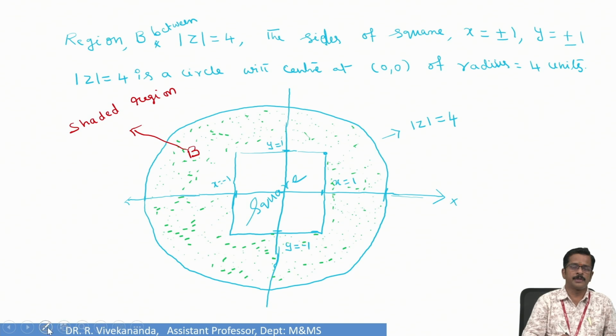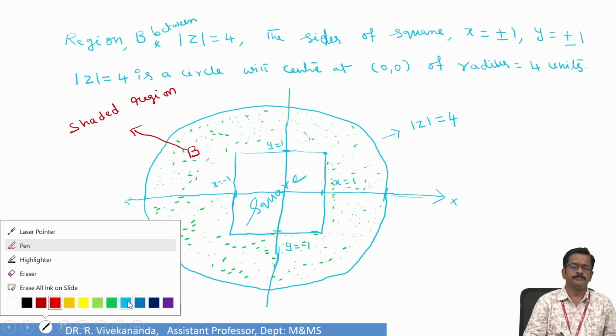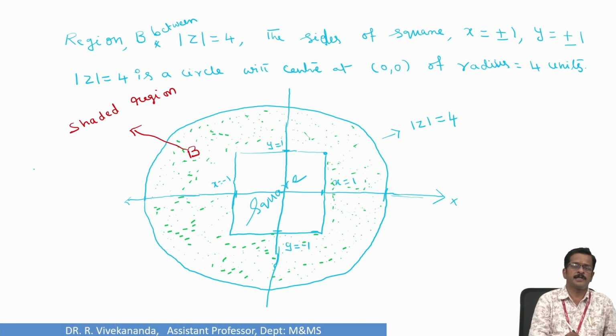Okay, now singular points, we identify the singular points as plus or minus 2 pi, plus or minus 4 pi, plus or minus 6 pi, and so on.